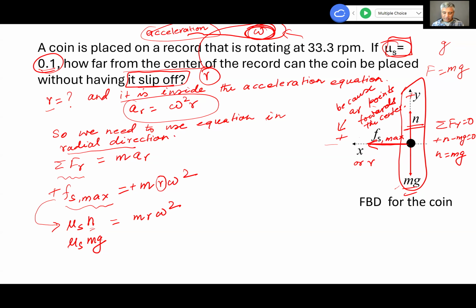Oh, mass is also not given. How do I solve this problem? The beauty is, the mass cancels. In many cases in physics, mass may cancel. Sometimes I receive emails saying, in that problem it looks like I need mass, but mass is not given.